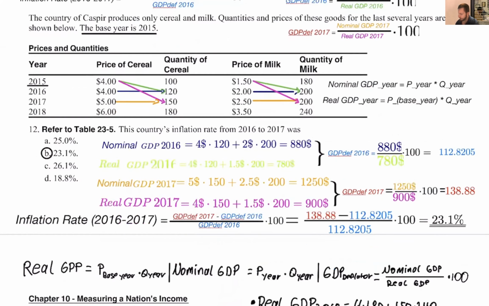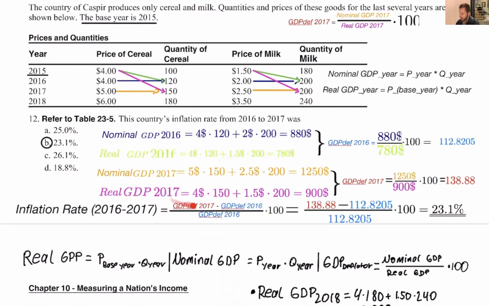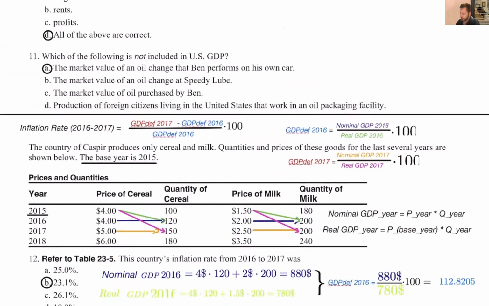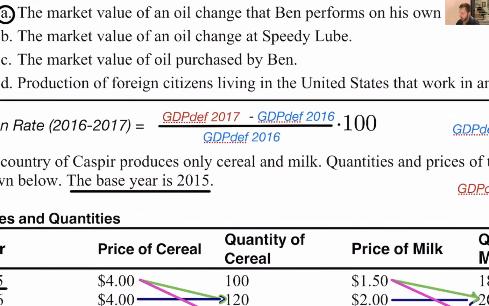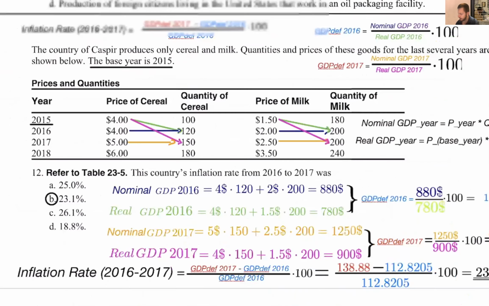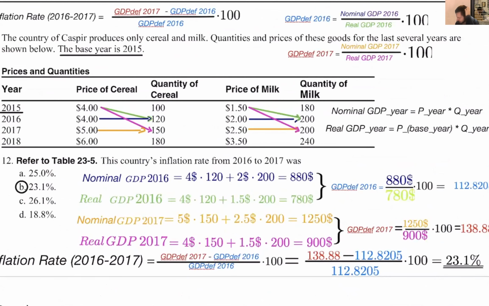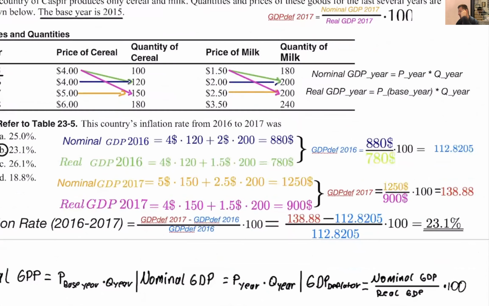Once you do the same with both years, changing the quantity to 150 and the price for the nominal GDP, the calculations are pretty much the same. Then you plug those back into the inflation rate formula up here, and you should be able to solve this. Actually it isn't too bad. And then you get 23.1.